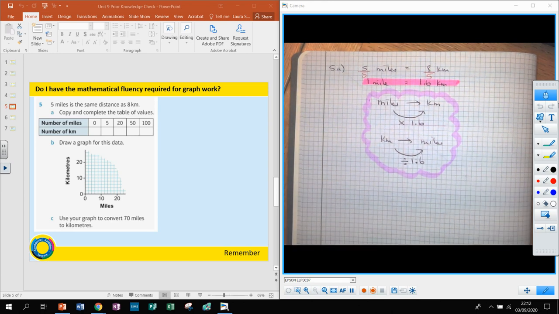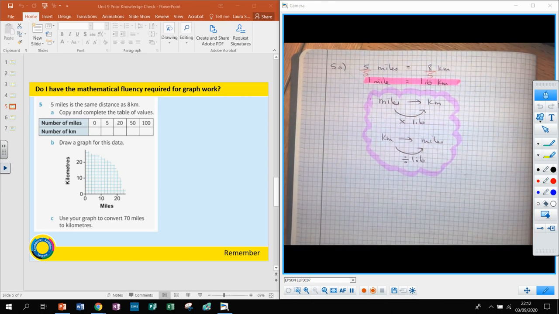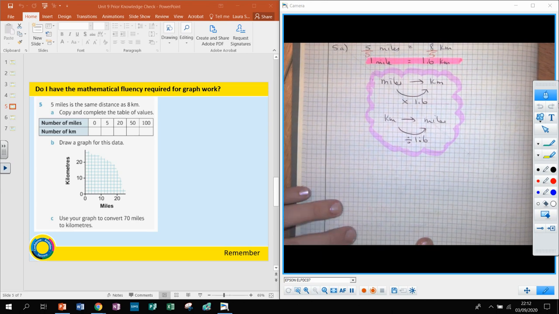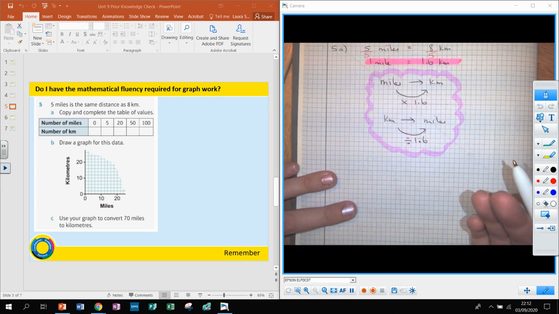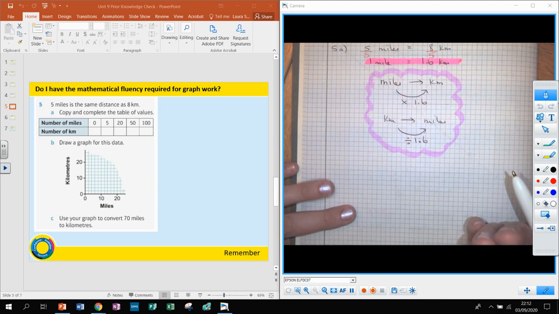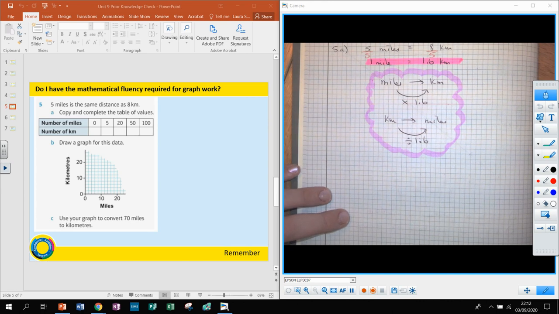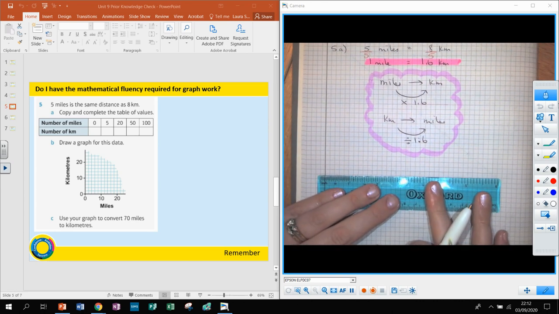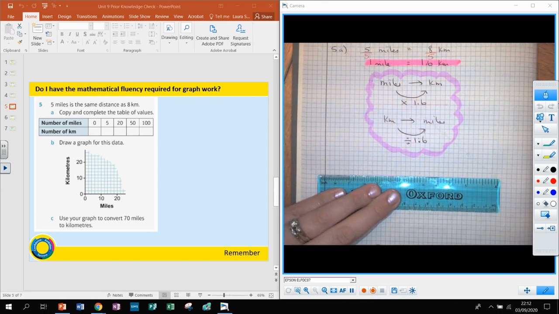Okay, now having said that, for our table we are going to be multiplying by 1.6, or we could think of it as the relationship in terms of how many sets of 5 and therefore how many sets of 8. Okay, so let's draw our table.